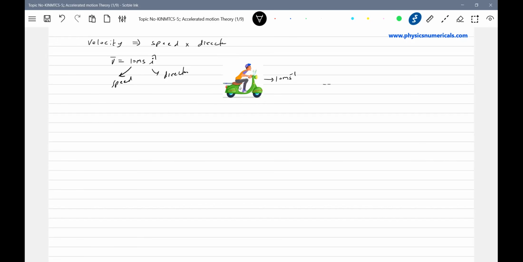In what direction? Along x-axis. So what is the speed of this bike? You are going to write 10 i cap meter per second.